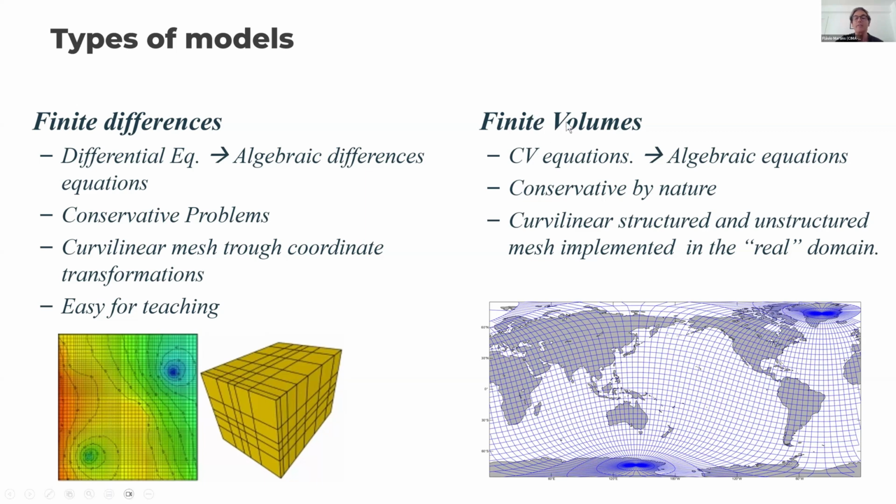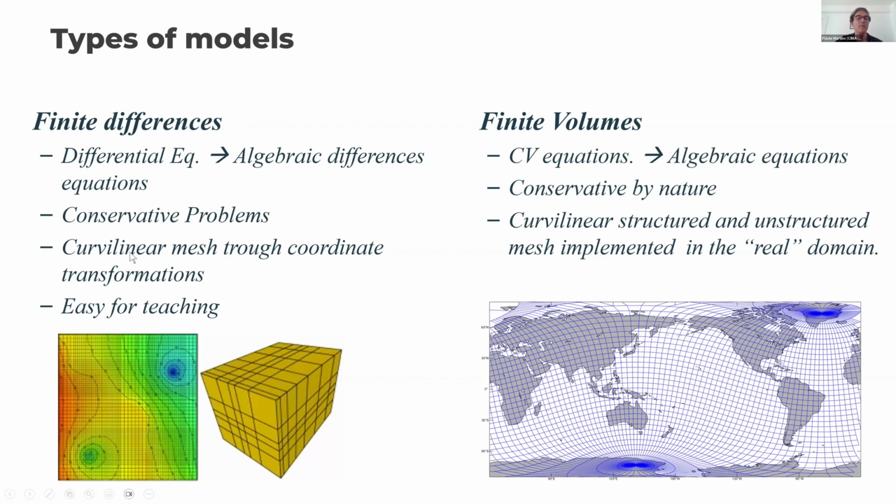While in the finite volumes, we transform not the differential equation, but the control volume equation into algebraic equations. The big problem of finite differences is that they are not conservative by nature, so we have conservative problems. So it means the properties do not follow the conservation law, okay?